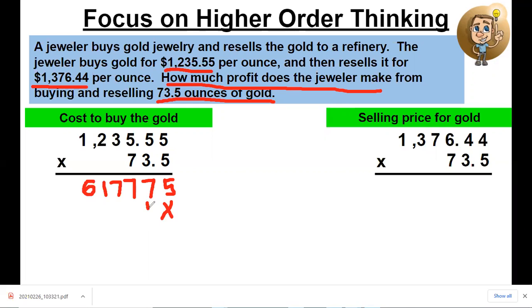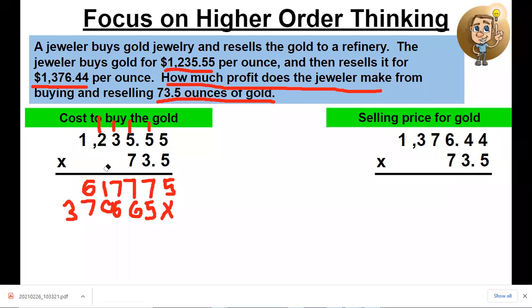So 15 is put down the 5, carry the 1. 3 times 5 is 15 plus 1 is 16, carry the 1. 3 times 5 is 15 plus 1 is 16, put down the 6, carry the 1. 3 times 3 is 9 plus 1 is 10, put down the 0 and carry the 1. 3 times 2 is 6 plus 1 is 7. And finally, 3 times 1 is 3.